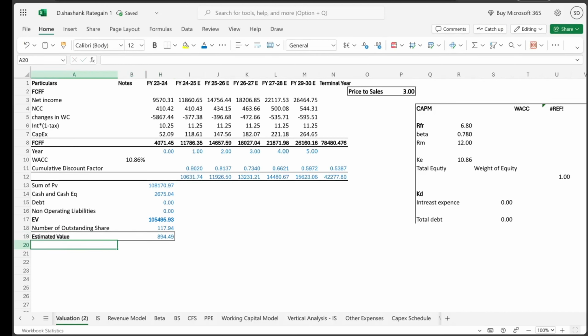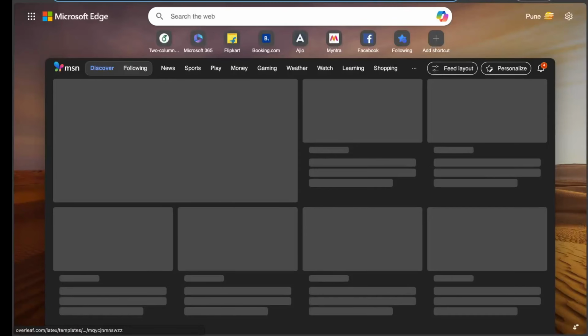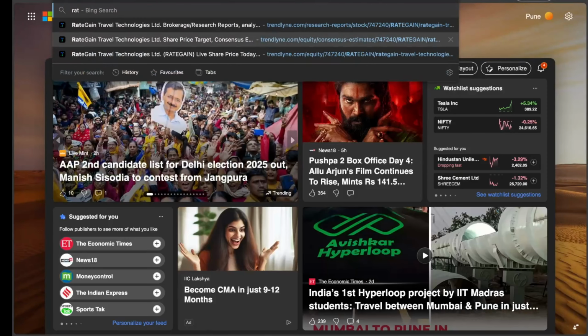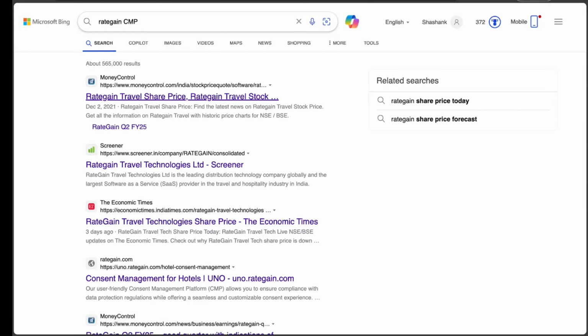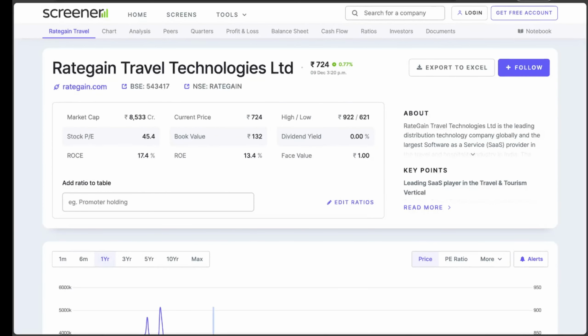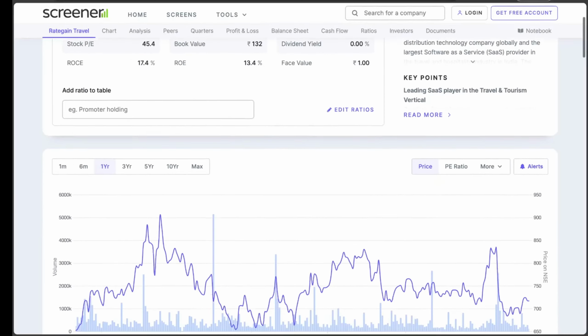Wow. To compare that, is this undervalued or overvalued? Let's look for CMP. It's 724.